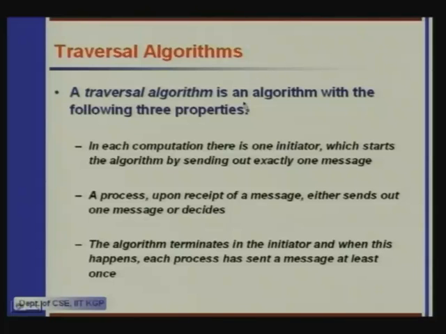A traversal algorithm is an algorithm with the following three properties. In each computation, there is one initiator which starts the algorithm by sending out exactly one message. A process, upon receipt of a message, either sends out one message or decides. Okay. Now, the initiator starts by sending out only one message, obviously to one of its neighbors, and then when a process receives the message, it either sends out one message or it decides.